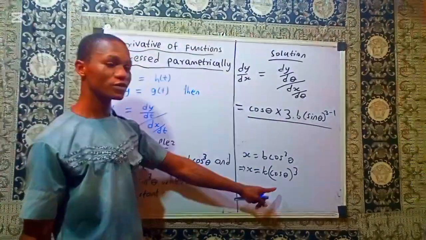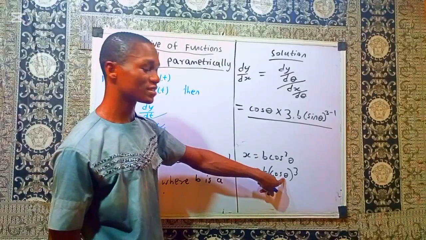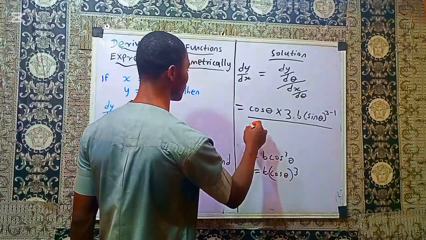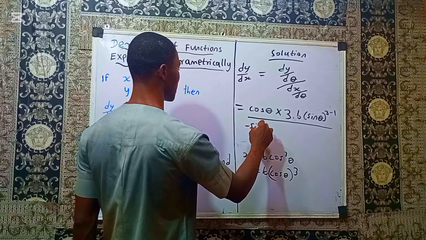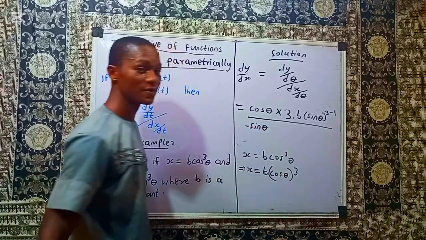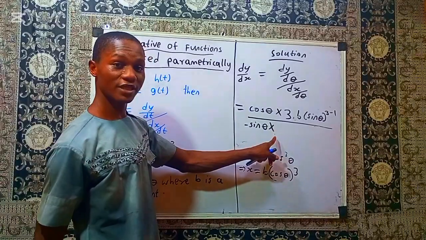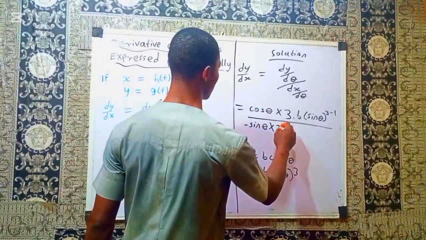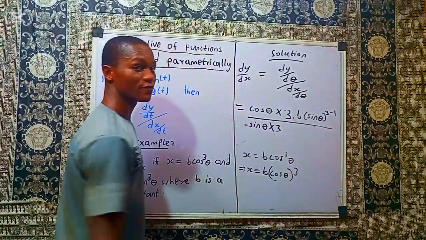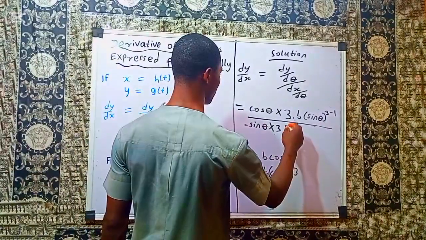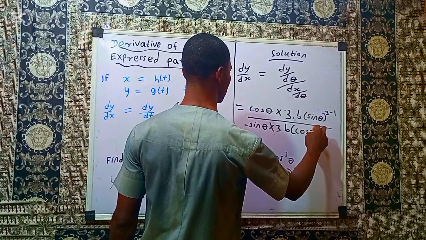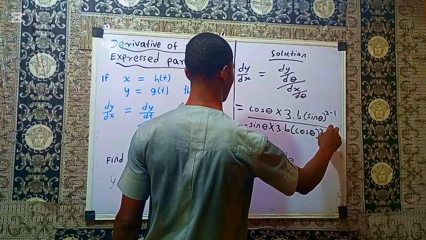I'm going to use the same format. We'll differentiate the quantity inside the bracket, which is cos theta. Derivative of cosine theta is negative sine theta. You put a multiplication sign, you differentiate the bracket. What's the index? 3. You bring it down, then you subtract 1 from the index. So you write: 3b, open bracket cosine theta raised to power 3 minus 1.